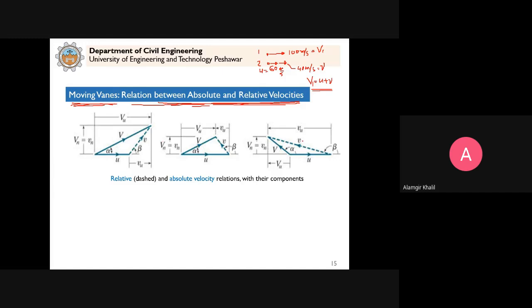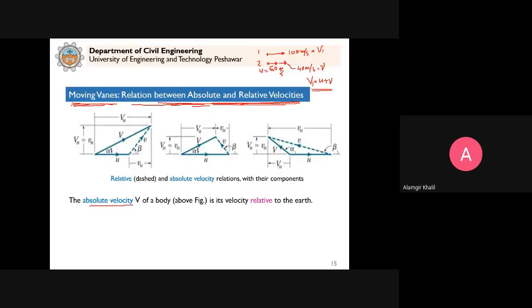What will the relationship be here? That we need to establish, and then we will be able to calculate the forces. Clear? So first we define the relative and absolute velocities and the angles they make, and then we can establish the relationship between the three velocities.